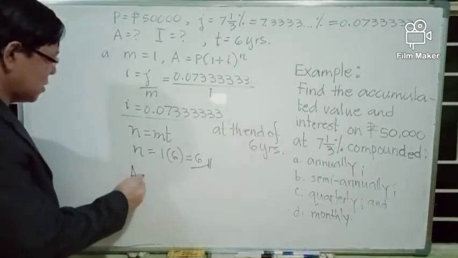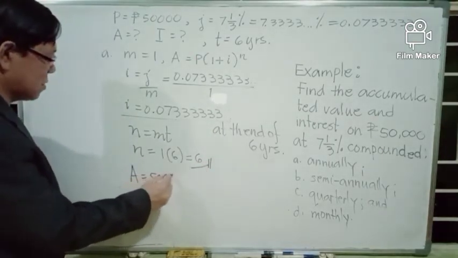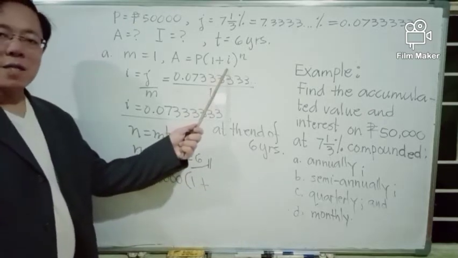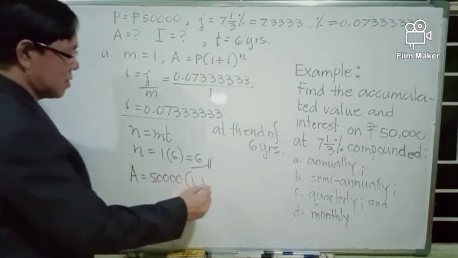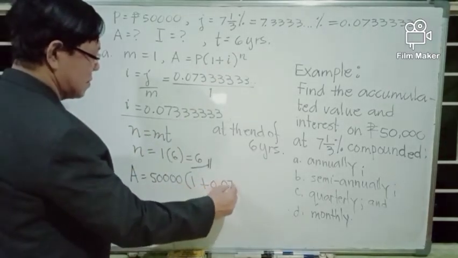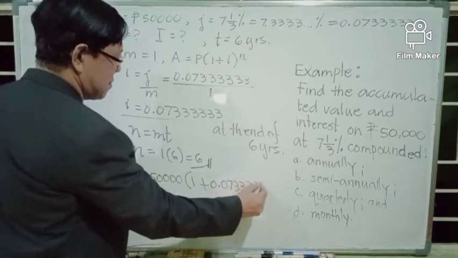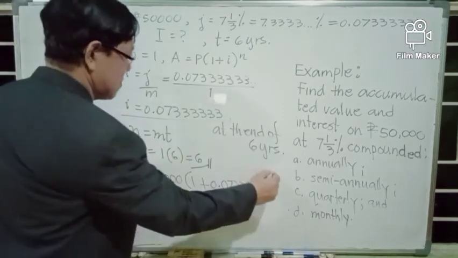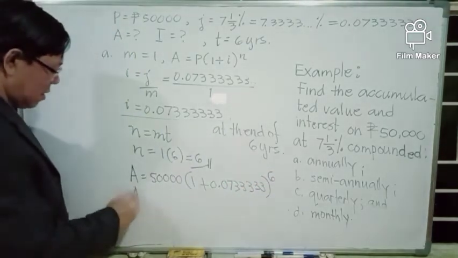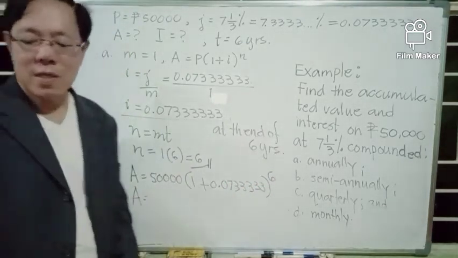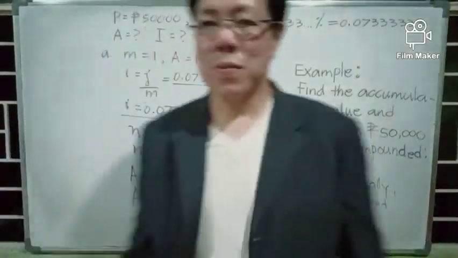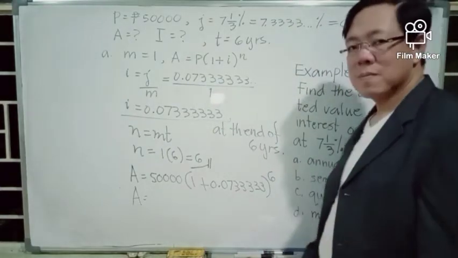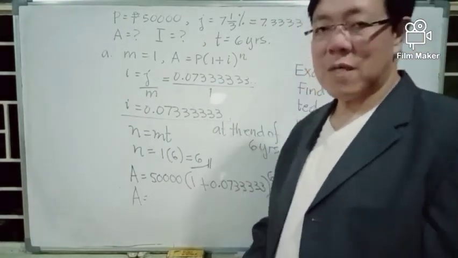A now is equal to 50,000 pesos multiplied by 1 plus I, the interest rate per period, 0.0733333, to the power N, N is 6. And you have to use your scientific calculator to find the value of this. Please get your scientific calculator.